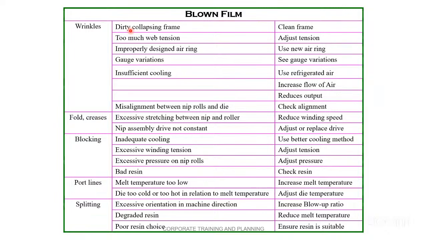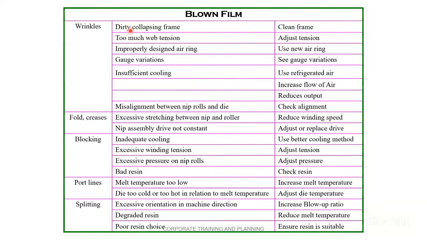Gauge variation in the polypropylene. If you see gauge variation, this also creates the wrinkle, because thickness is somewhere thicker, somewhere thinner, and due to that the wrinkle will be formed along the surface of the film.